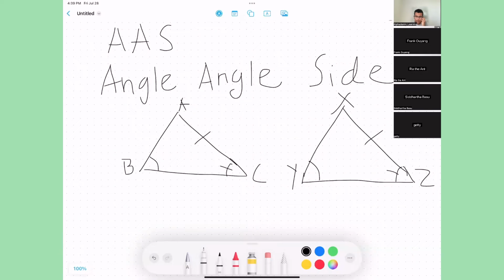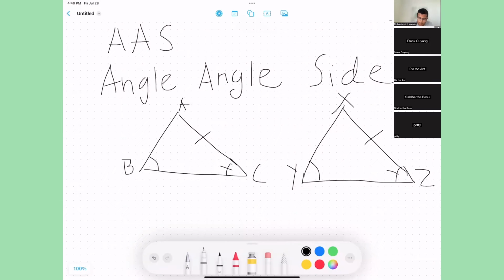For AAS to happen, you have to have two angles that are equal to each other in a triangle, and the side opposite to one of those equal angles. So say you have angle ABC equals angle XYZ in this picture.